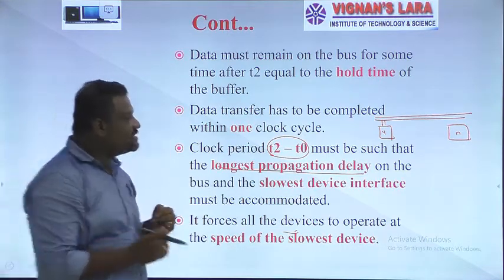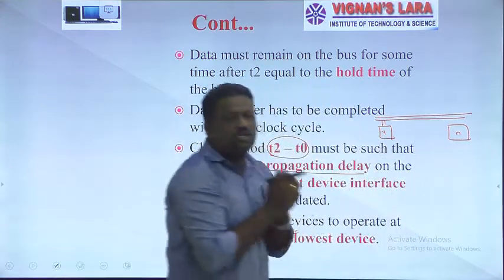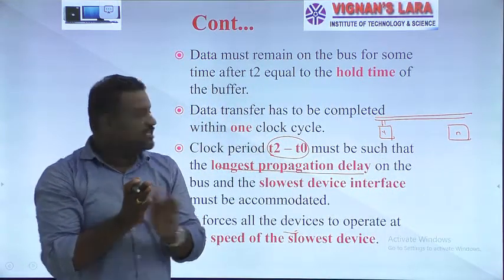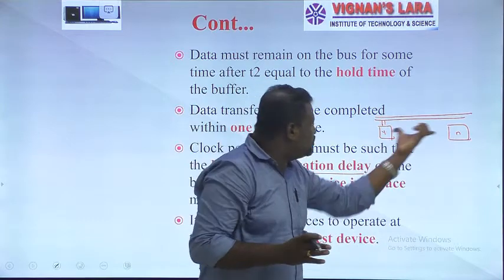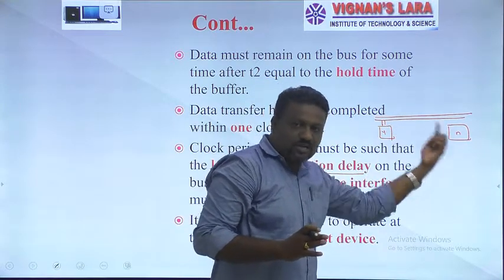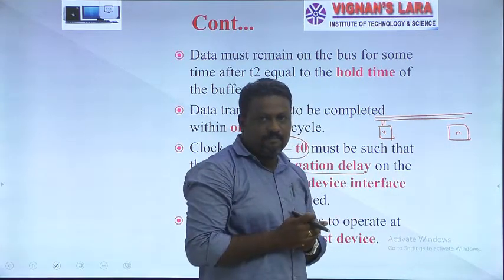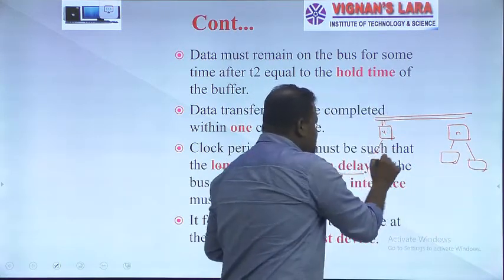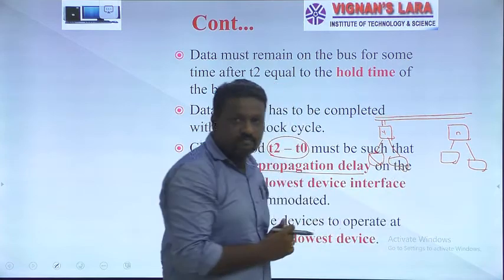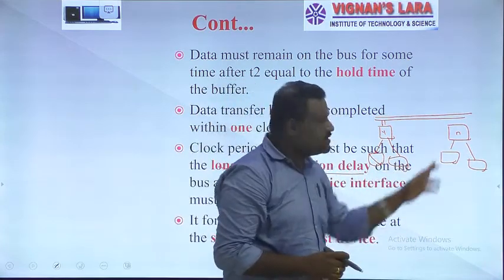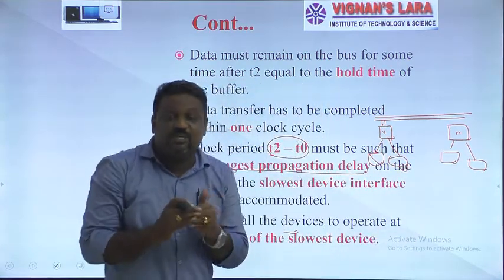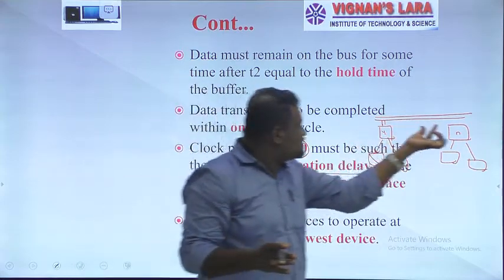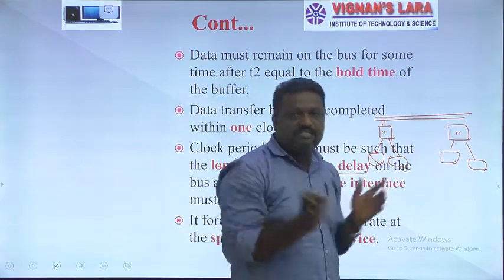And the second thing is, all these devices' speeds are not the same. These are the interfacing devices. Just assume these are two I/O modules or I/O interfaces, and these interfaces are connected to different I/O devices like this. The interfacing devices' speeds are decided based on these device speeds. So here this interfacing device is very slow.